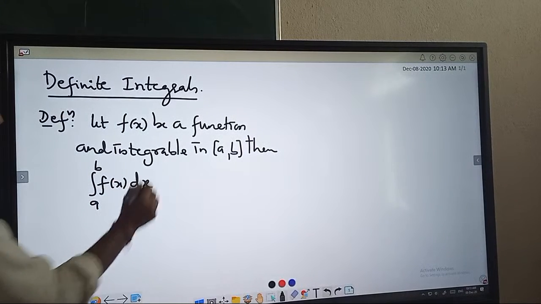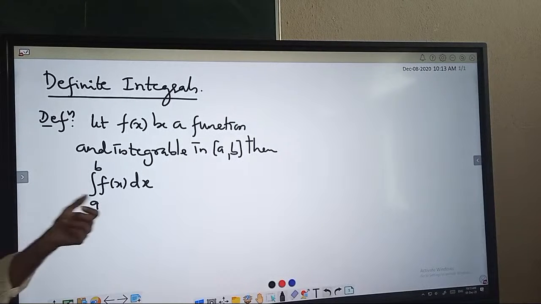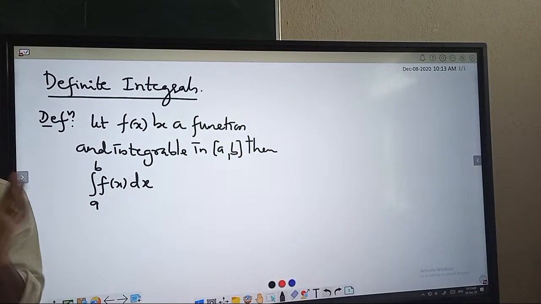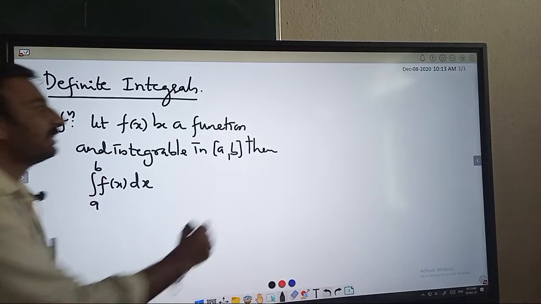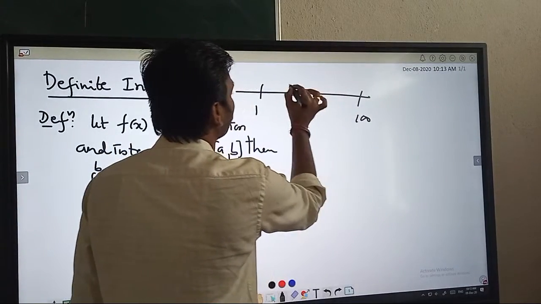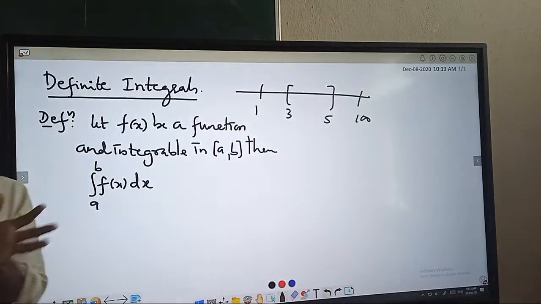Look at this very carefully. Suppose you want to integrate a function f of x, we write it as integration from a to b f of x dx. The integration of a function means adding the sum of areas, and you are restricted from a to b. Suppose you have 1 to 100, you are restricting this to something like 3 to 5 or 4 to 6 or any other numbers in between.